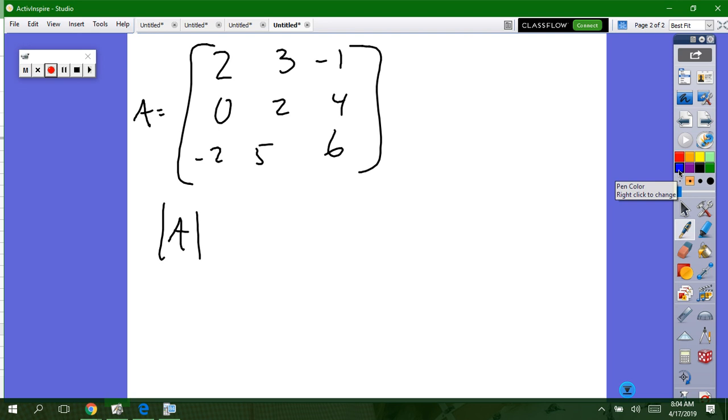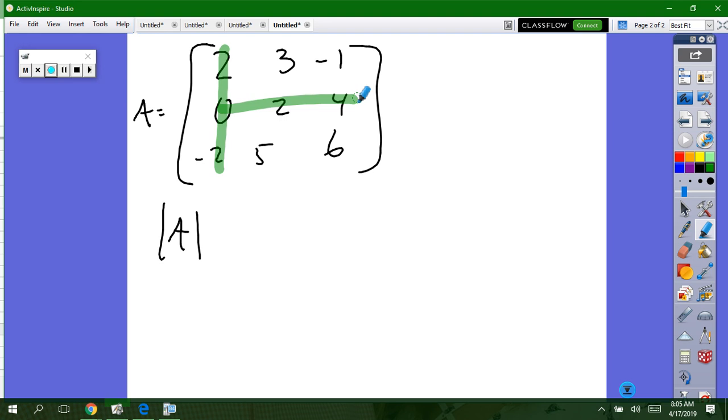The row or column I would use is either this column, or I'd use this row. Anybody tell me why? It has a 0 in it. If it doesn't have zeros in it, look just for numbers that are nice and easy.